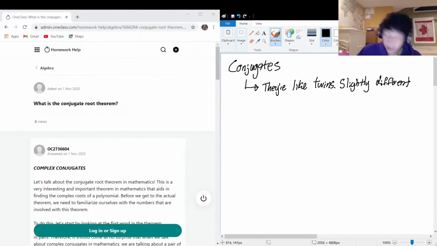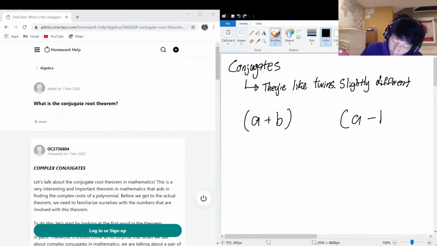Conjugates are like, you'll have something like A plus B, and you'll have something like A minus B. These are conjugates of each other.